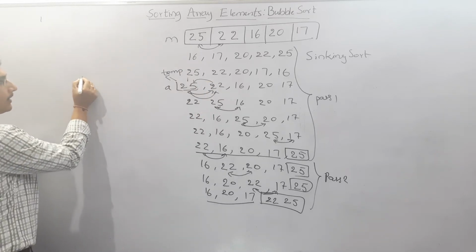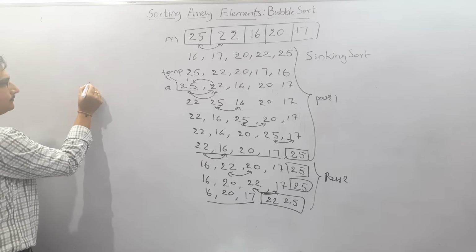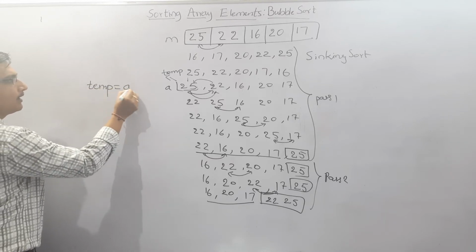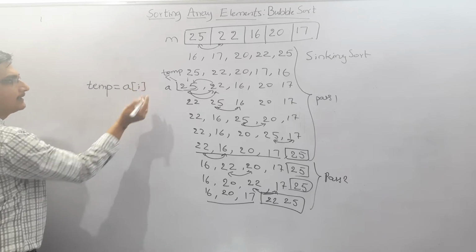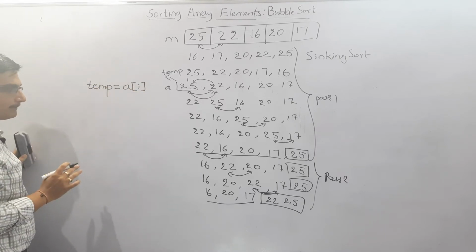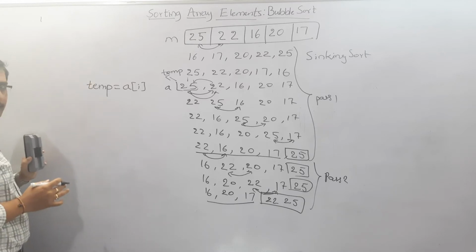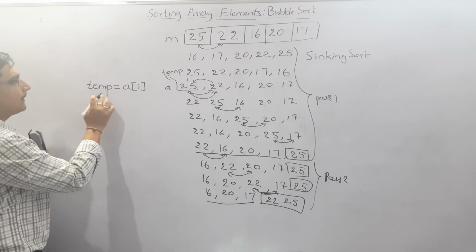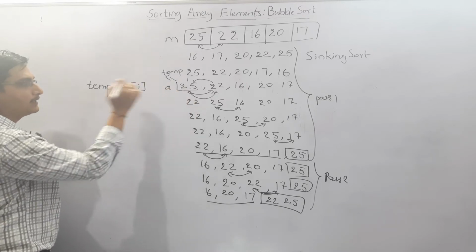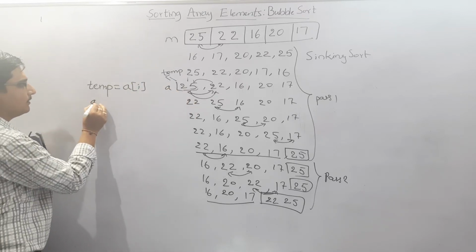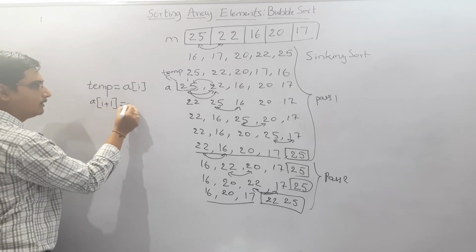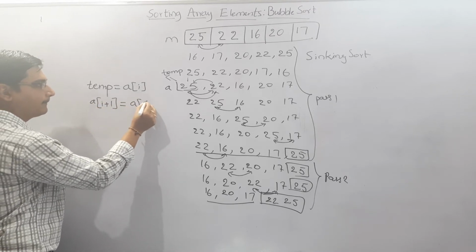So I need to write the code: temporary equal to A of I, that is, A of I is assigned to a temporary variable. Assume we declare one temporary variable. Then I have to assign the A of I plus 1th element to A of I, so A of I equal to A of I plus 1.